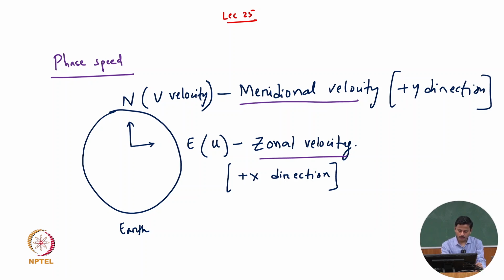So positive is from west to east, and in the north-south direction, the positive is from south to north. There is one set of terminology that we also need to understand. These are named based on the direction that they're coming from. For example, if there is an easterly flow, this is coming from the east.